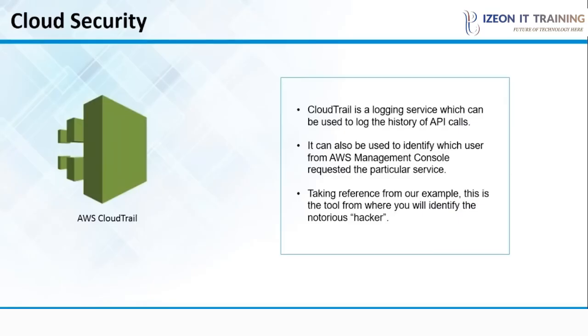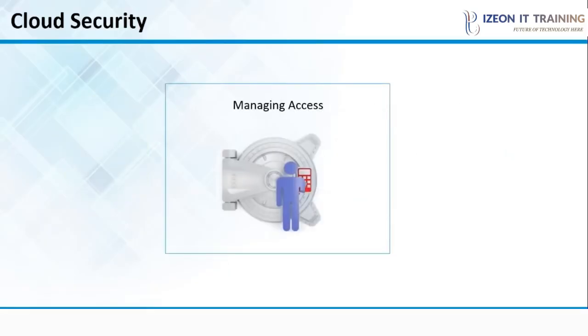So like I said, now you've identified who is responsible for your problem, right? So now the next step is managing access. Now you should be able to remove that person from the system. Most of the time, if you take our Facebook use case, there was a user who triggered that problem, right?